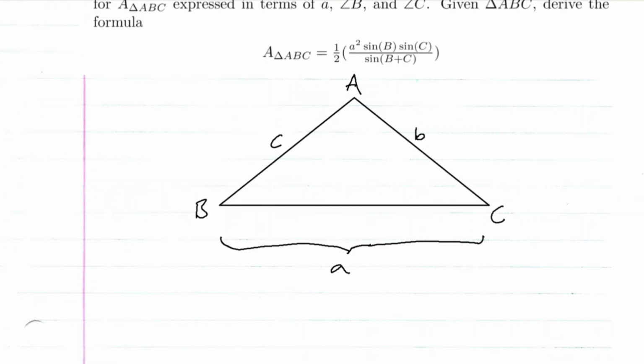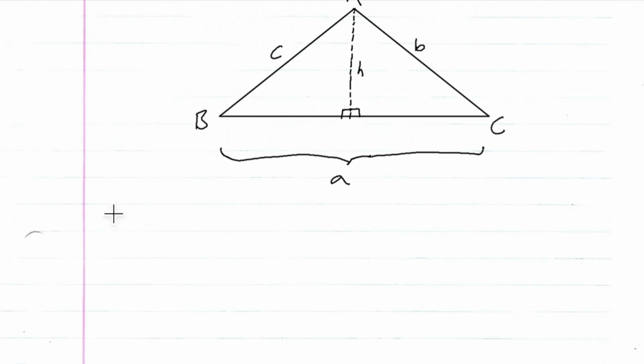Okay, so the first thing I'm going to do is draw the height here. I'm going to let A be the base, so I'm going to draw the height here, and I'm going to look at sine of B. So, proof.